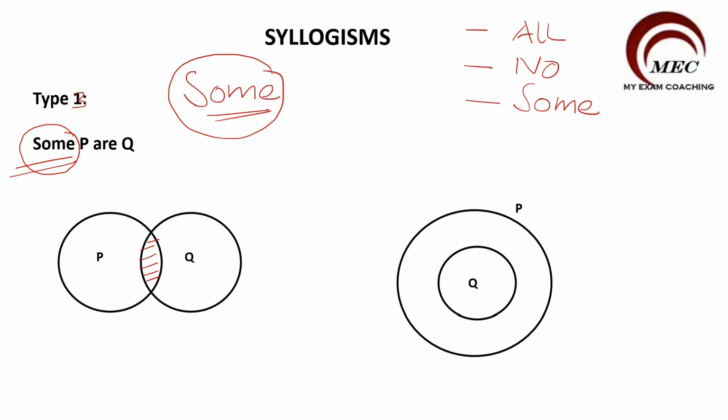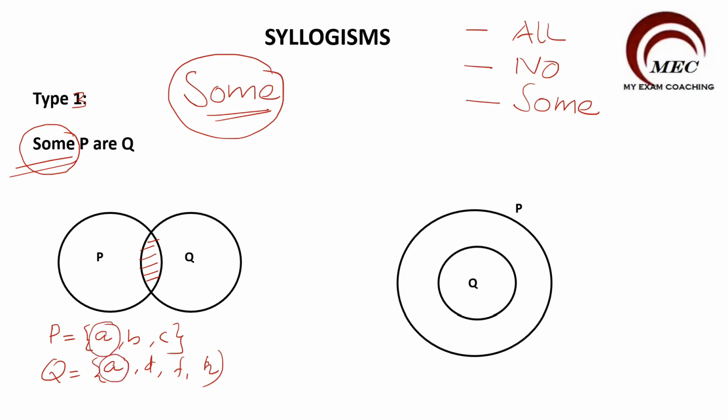Let me take it this way. P is equal to A, B and C, and Q is equal to A, D, F, H. So now if I draw P and Q, A is common.